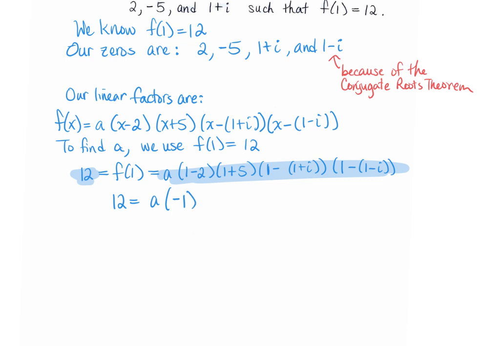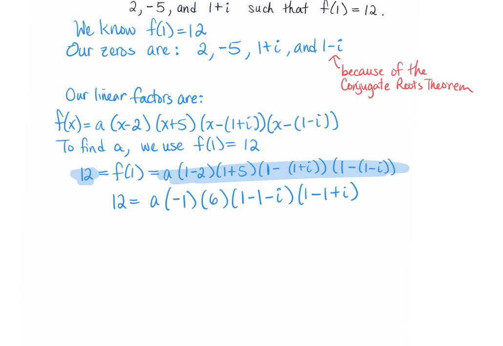So 12 equals a times 1 minus 2, which is negative 1, times what? 6. Good. Here we have to be careful, because this is now 1. Distribute the negative 1 to get 1 minus 1 minus i. And then the other factor becomes 1 minus 1 plus i.